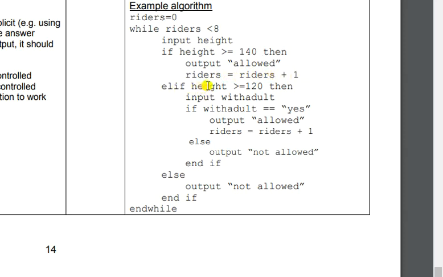And else if the height of the rider is more than 120, then we will ask whether an adult is accompanying. If the adult is accompanying, the rider is allowed, and we will increment the riders by 1. And if the rider is not accompanied by an adult, we will say not allowed. And if the height is less than these two numbers, then also we will say that the rider is not allowed. So this is the algorithm for answering this question.